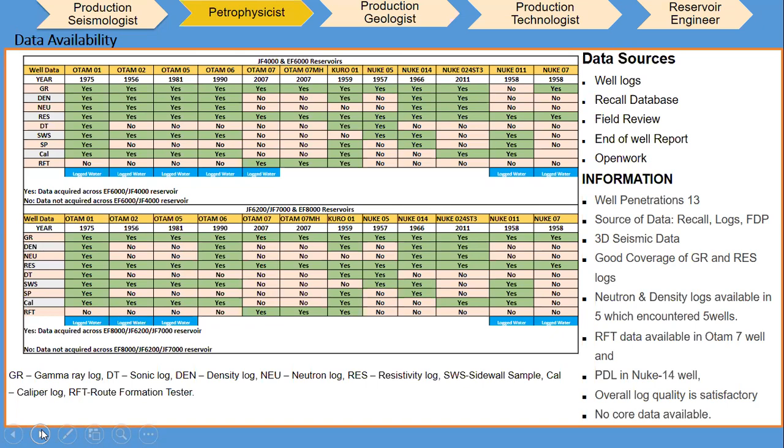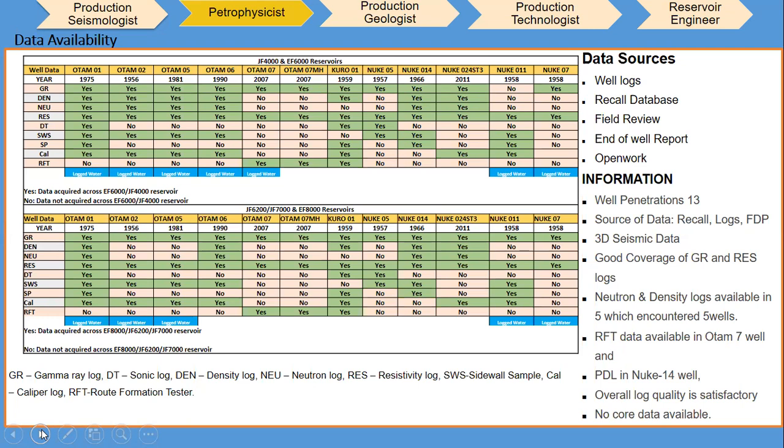At this point, understanding that there is a fault and also production in the Nuke before the Otam, well 1 in the Otam section and well 6 have a complete suite of logs.